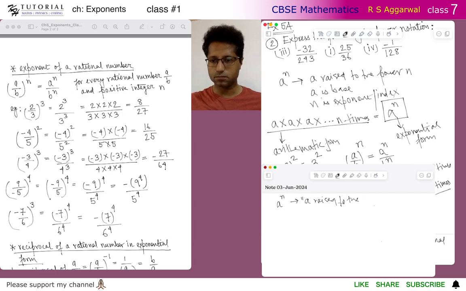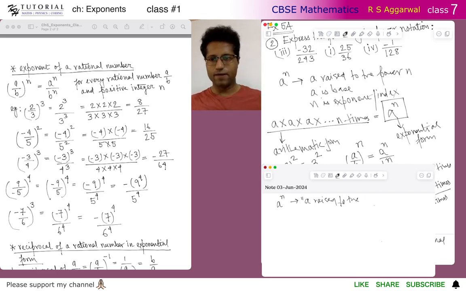We have n denominators and they are all b. Today my writing pad is giving a lot of problems, the writing is not smooth at all. Anyway, the product in the numerator, a multiplied by a n times, we write in exponential form as a to the power n. Similarly, the denominator becomes b to the power n. So this is how it comes.